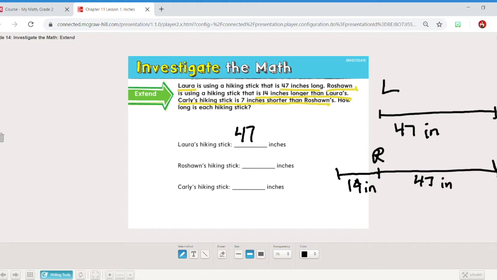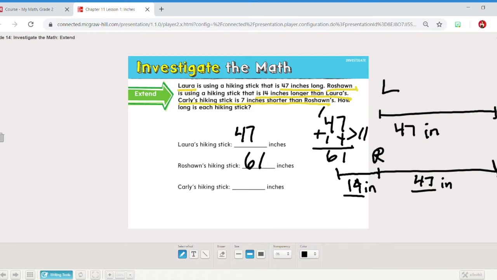So we know that because it's longer, we need to add that to Laura's amount. So we can put that here, 47 plus 14. 7 plus 4. Oh, we got to regroup. That's 11. Put the 1 down here. Carry the 10. 4, 5, 6. Roshan's stick is 61 inches. Now that we know how long Roshan's stick is, we can look at Carly's.